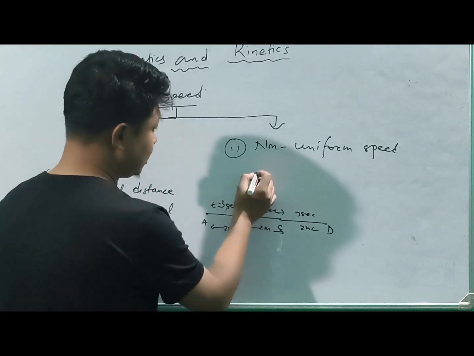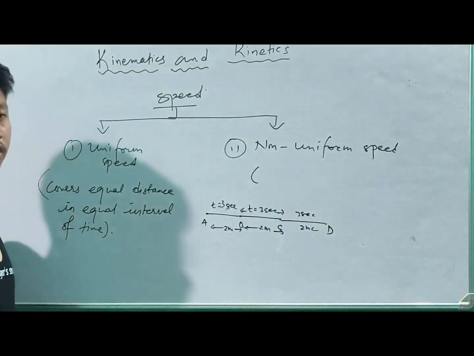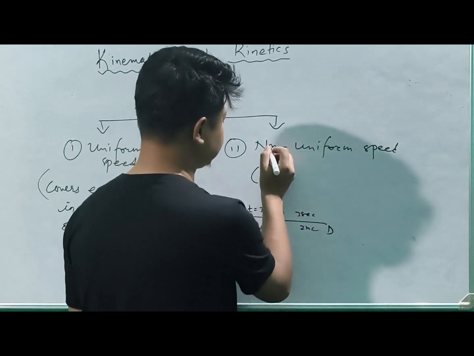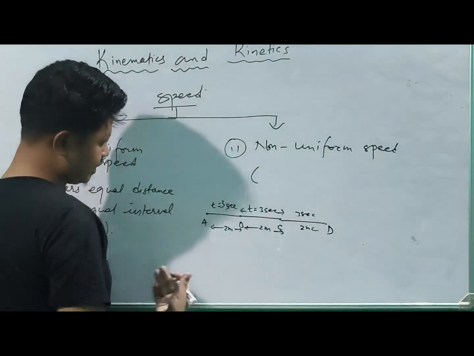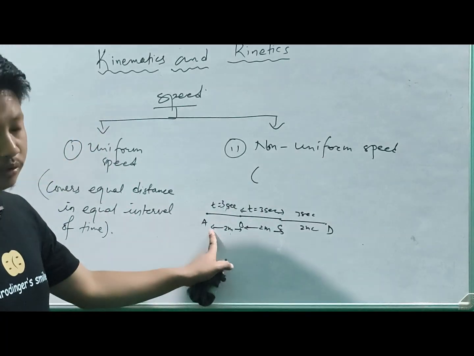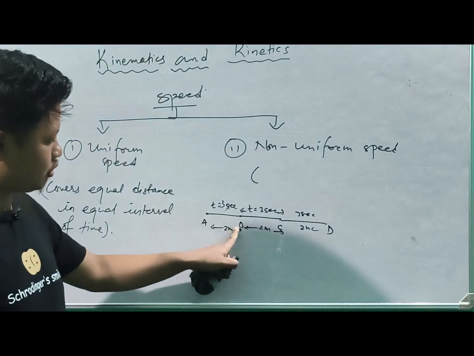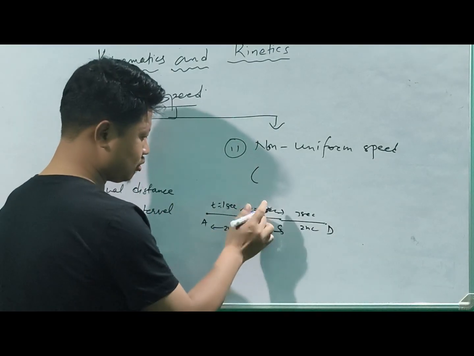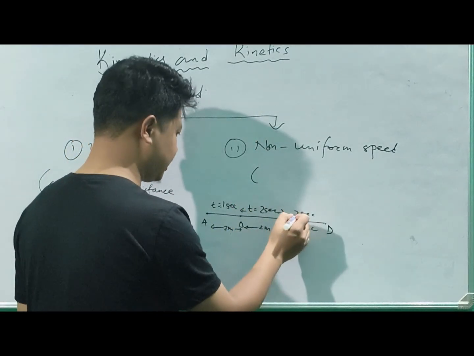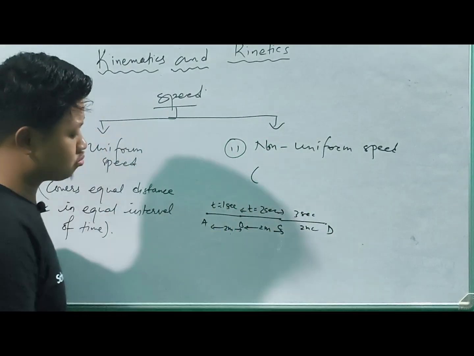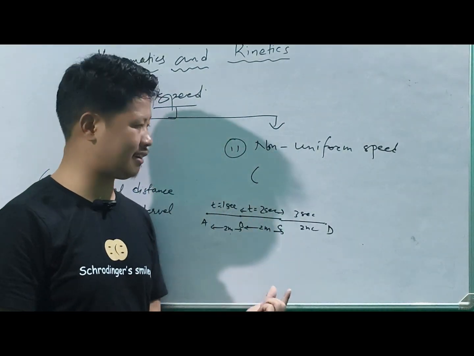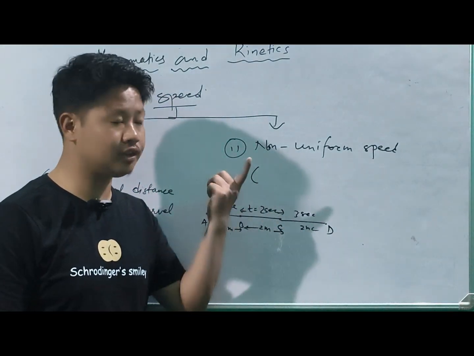Clear? Okay, now non-uniform motion. In non-uniform motion, if it is taking, let us say, 1 second to reach from A to B, and here 2 seconds, and here 3 seconds, yes or no? For the same distance they are taking different times, so that means the speed is not uniform.